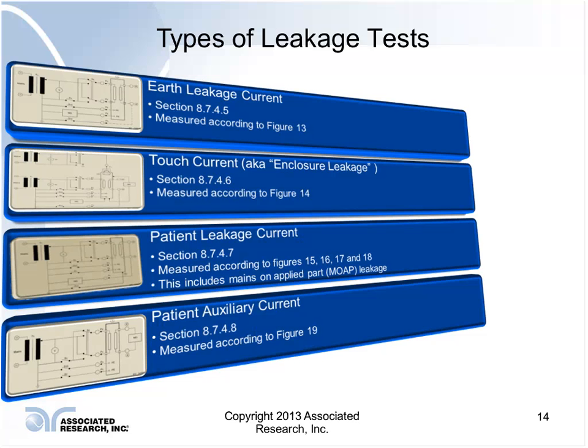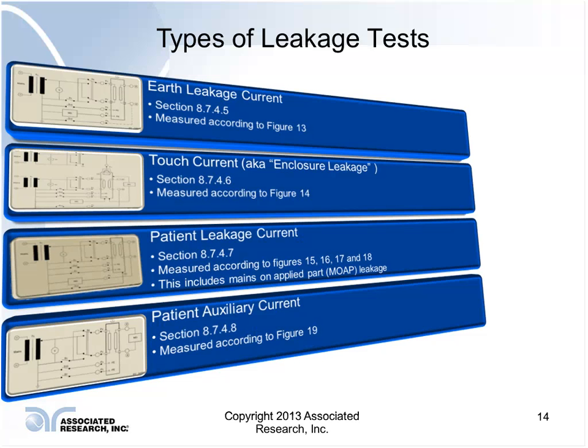Section 8.7 in general talks about the line leakage test, but we start hitting the actual descriptions for the leakage tests and figure references at Section 8.7.4.5, and this is measured according to Figure 13. We have the touch current test, which I like to call the enclosure leakage, and that is Section 8.7.4.6, measured according to Figure 14. Just so you guys know, I'm just briefly covering these here. We're going to talk about them more in depth as we move through the presentation.